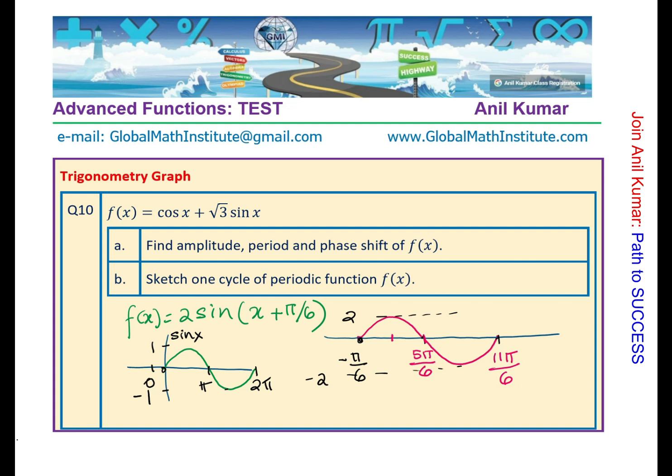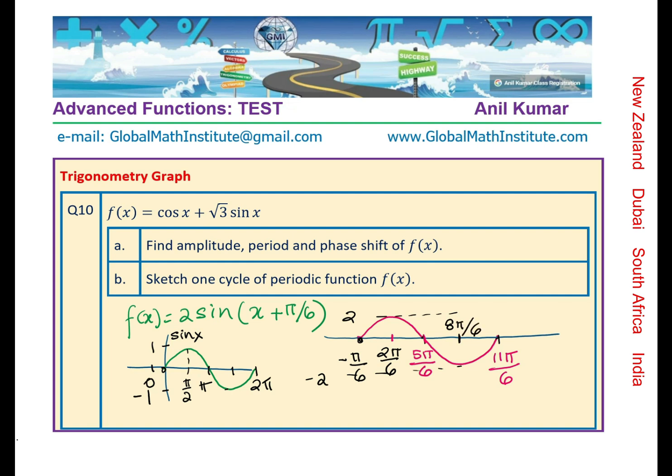So you get minus pi by 6 here. And this peak, which was at pi by 2, shifts by pi by 6, right? So instead of 3 pi by 6, it becomes 2 pi by 6. Makes sense? One shift here. And this point, which is 3 pi by 2, or 9 pi by 6, now becomes 8 pi by 6.